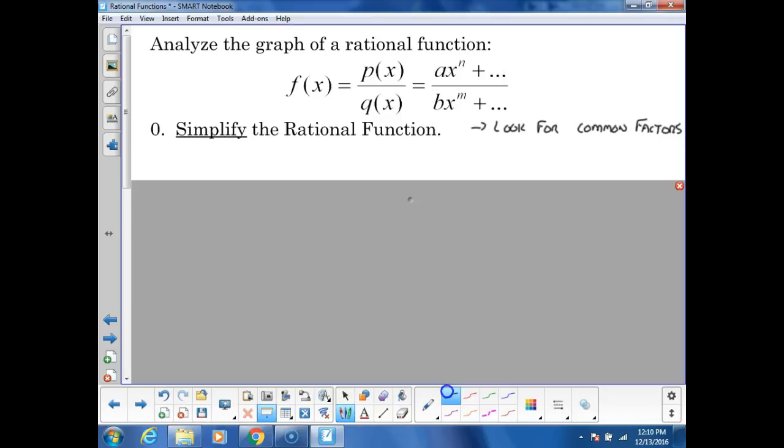Sometimes we can do step 0, sometimes we can't. Kind of like in all of these. Sometimes we can do them, sometimes we can't.